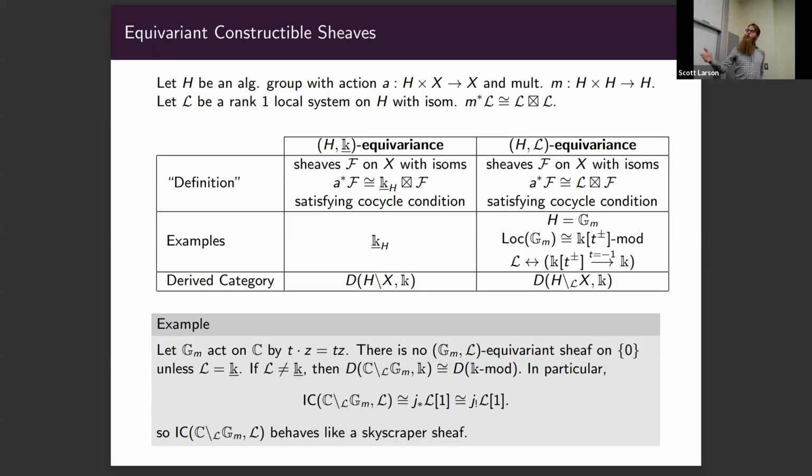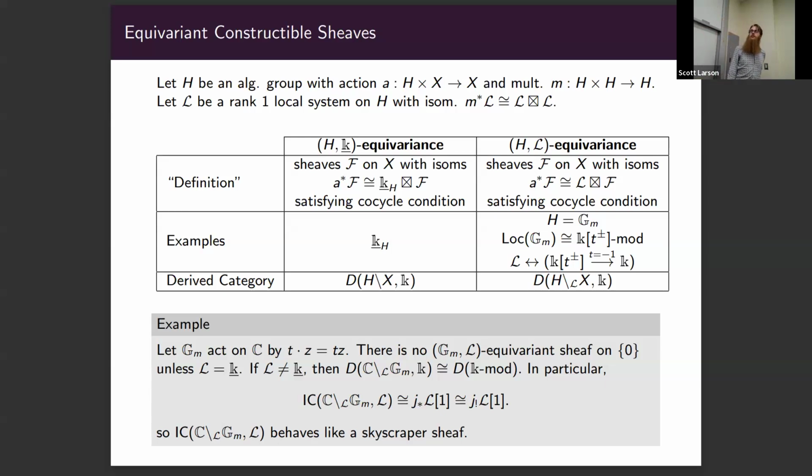And what you want is that when you pull back along that action, you just get a constant sheaf as a sort of eigenvalue. So you look like a constant sheaf box tensor with F. And this is not enough. At the very least, you need to satisfy some sort of cocycle condition. You need to be compatible with doing this multiple times. This can't just be any isomorphism you want.